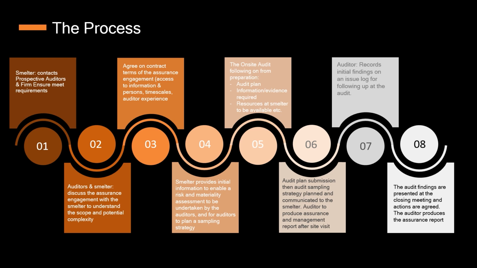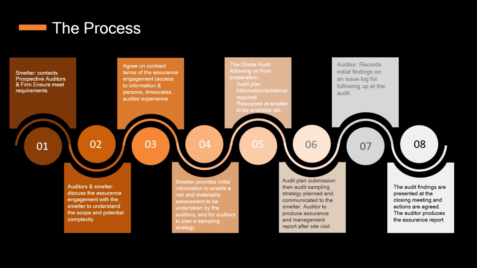The next point is that the auditors and the smelters will discuss the assurance engagement to fully understand the scope and the requirements, and then after that agree on a contract to carry out the work and agree what information will be provided. You'll see in the training that there's a mandatory list of information that must be provided for the audit firm to check the scope and verify the complexity of the audit and appropriately plan the risk and materiality assessment prior to coming on site.